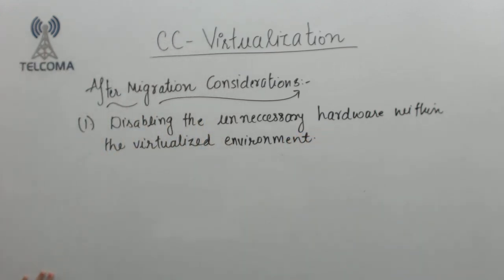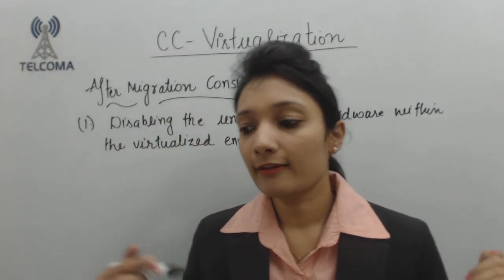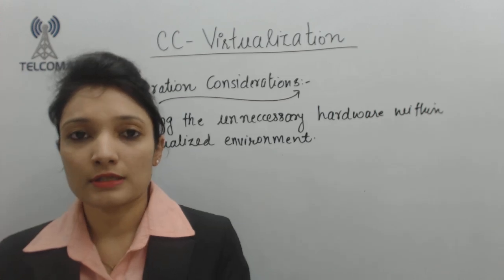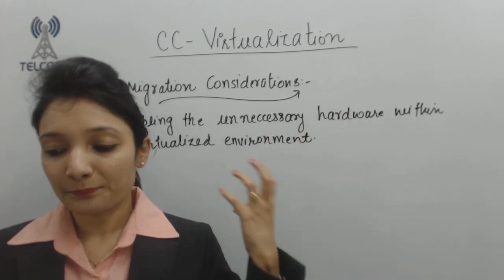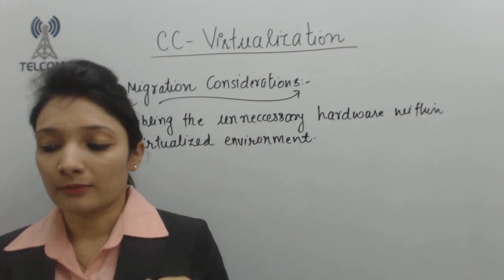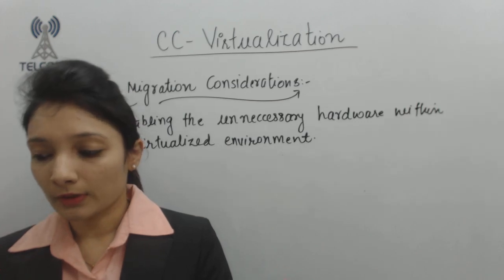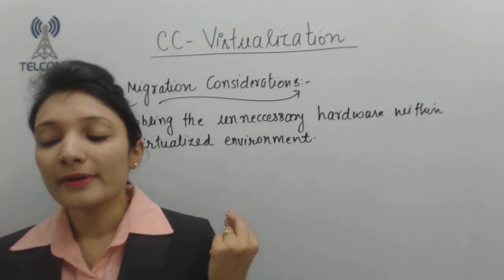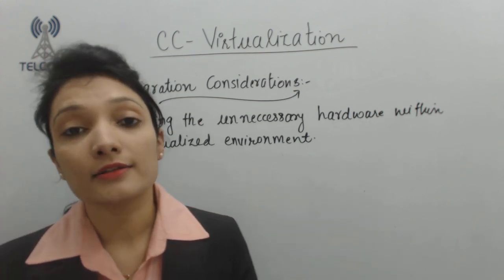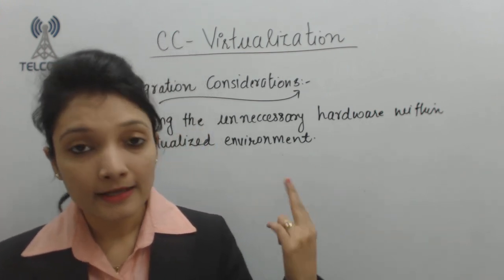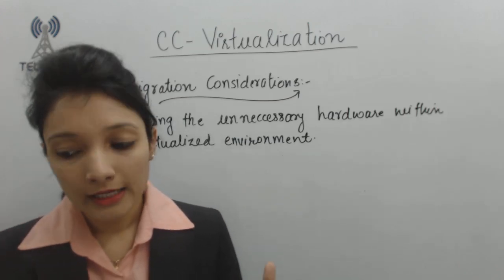Now, for example, when a physical machine is virtualized, it will have other hardware features also, such as the USB ports, the floppy disk drives, etc., enabled within its virtualized environment. If this hardware is not required any longer by the virtual machine, it should be disabled because it will free up the resources. So whatever unnecessary hardware is not required by the virtual machine should be disabled.